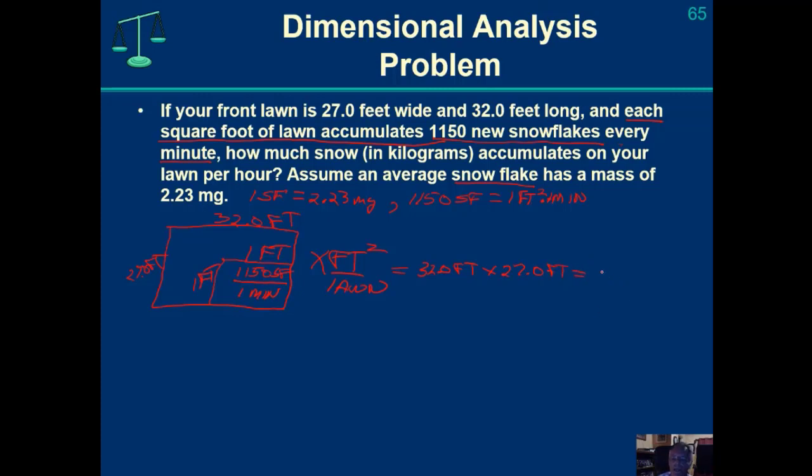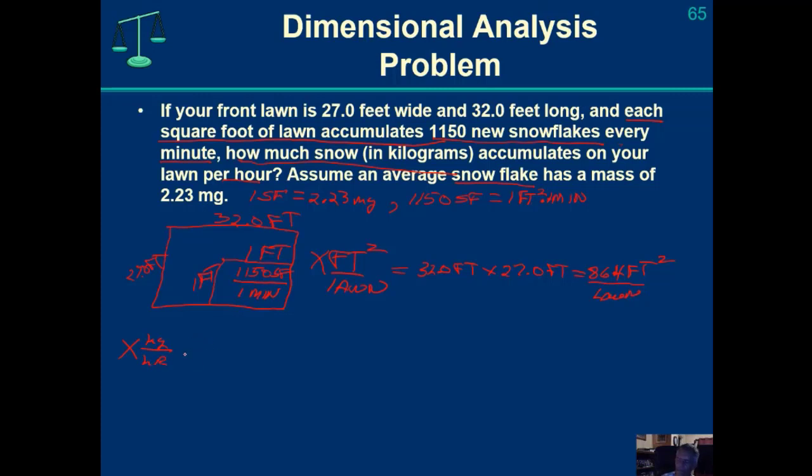And that gives me 864 feet squared. That's for my entire lawn. Okay, that's the whole smash. So what I'm interested in, my X factor, X, how much, that's the how much in kilograms per hour. So this is going to be kilograms of snow per 1 hour.